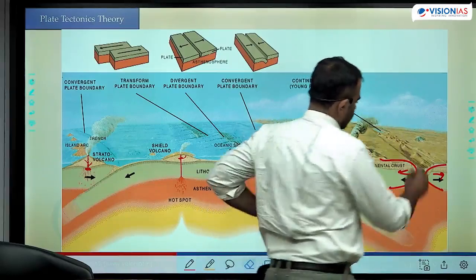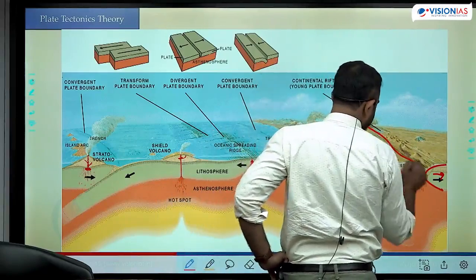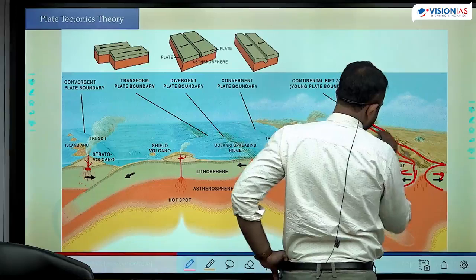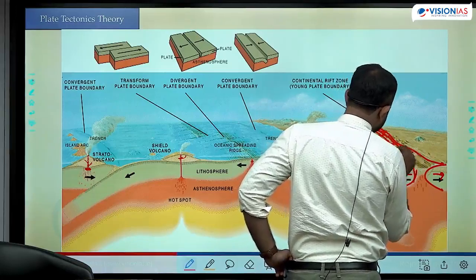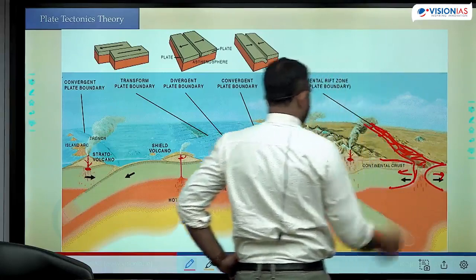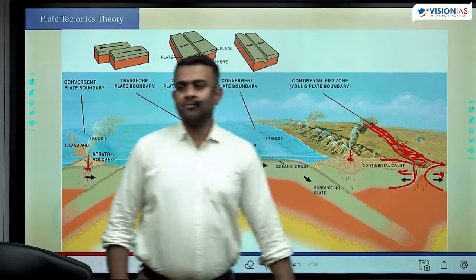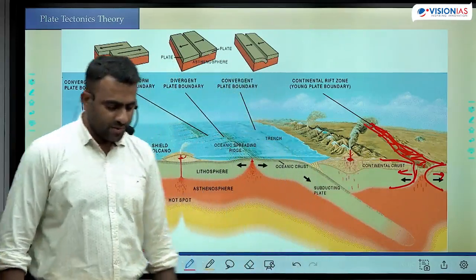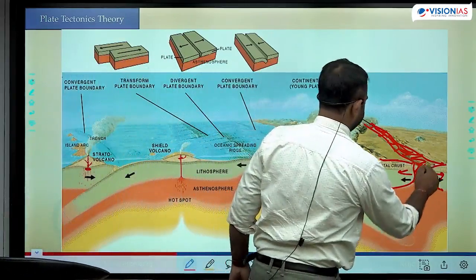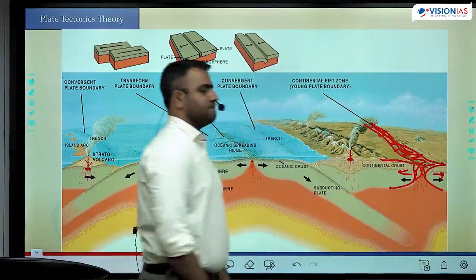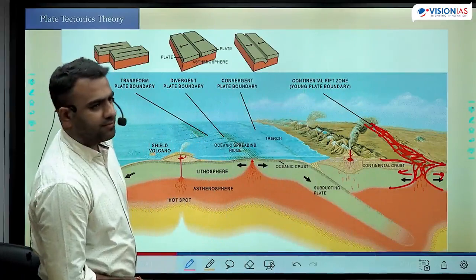Look at this whole part from here. The Rift Valley is also very active because here and there the magma is coming up. Magma has started to come up through the cracks and gaps here. Okay?